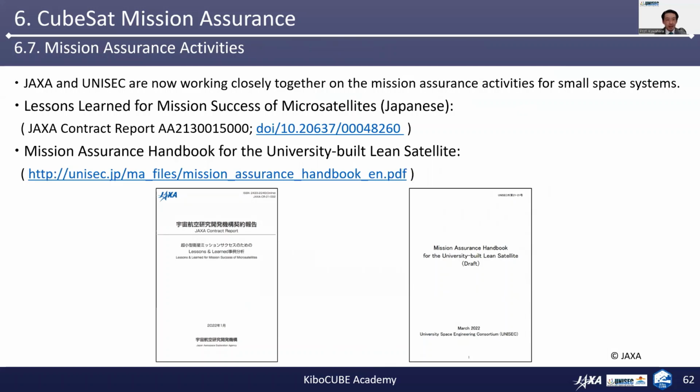Actually, JAXA and UNISEC are now working closely together on mission assurance activities for small space systems. The research results of the activities are summarized in the following publications. The first one is the Lessons Learned for Mission Success of Microsatellites, in Japanese, which is published as a contract report from JAXA, available under this link.